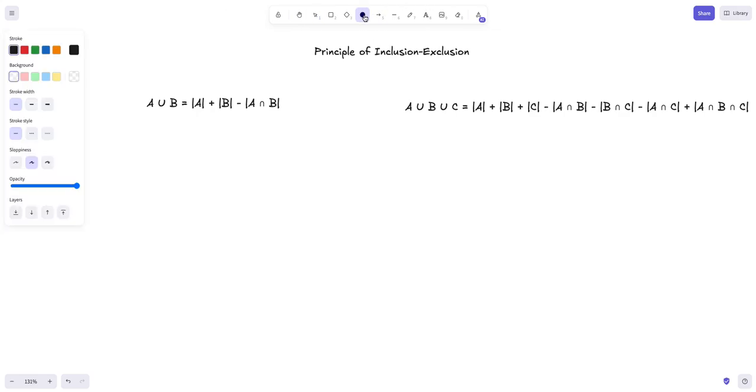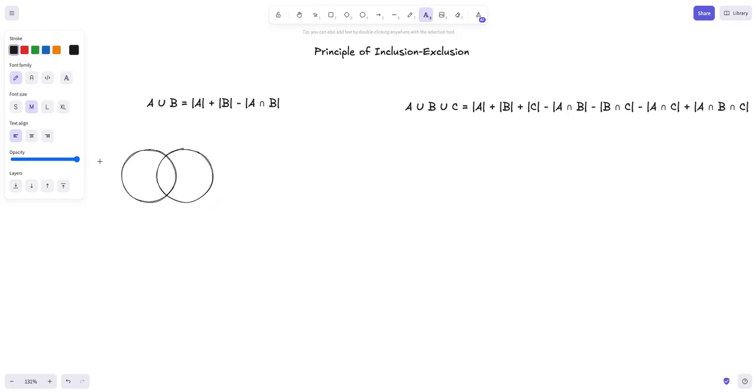And the way this would look in a Venn diagram would be something like this. So we assume that this is A, and we assume that this is B. And so when we say A plus B, we add this common portion of both twice.